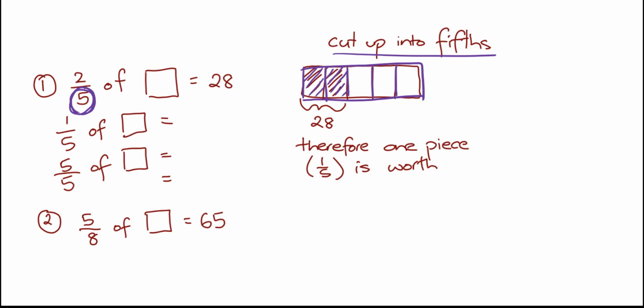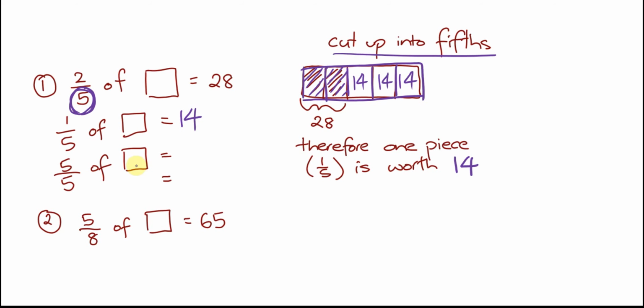Therefore, one piece is worth 14, because you want to split those 2 fifths in half. We know that those 2 fifths are equivalent to 28, so 1 would be 14, which would mean that fifth there is 14, and that fifth there is 14. So 1/5 of the total amount is 14.